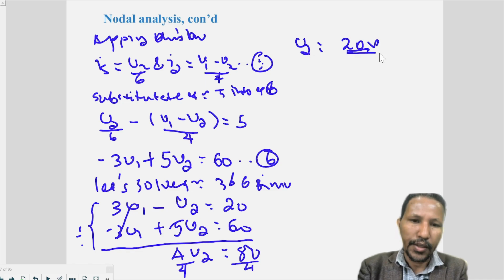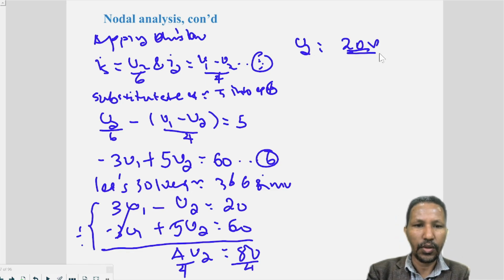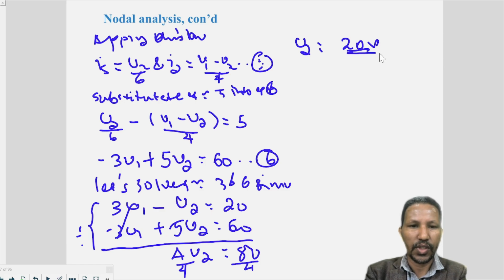Now we can apply 20 volt for V2. Consider 3V1 minus V2 equals 20.